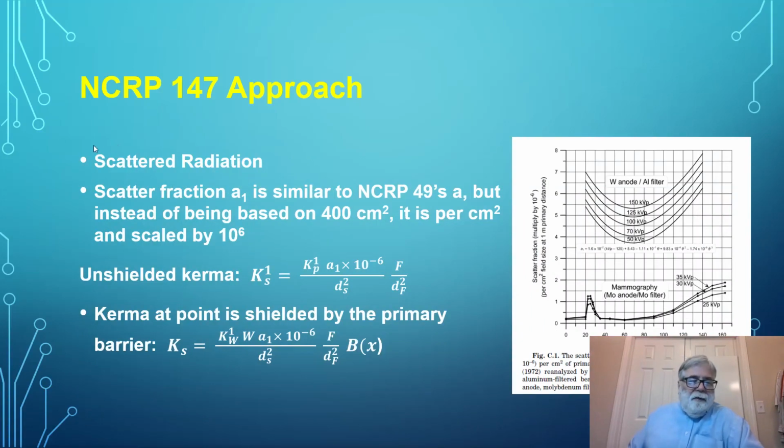Now, in NCRP 147, we also have to address scatter radiation. The scatter fraction is similar to the one that's built on the one that we saw before in NCRP 49. The difference is in NCRP 49, the scatter was per 400 square centimeters of area. The scatter fraction they're using today is per square centimeter, not per 400.